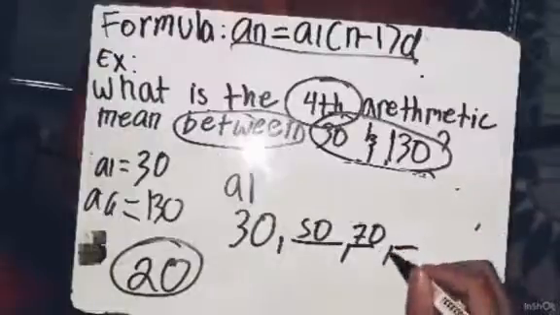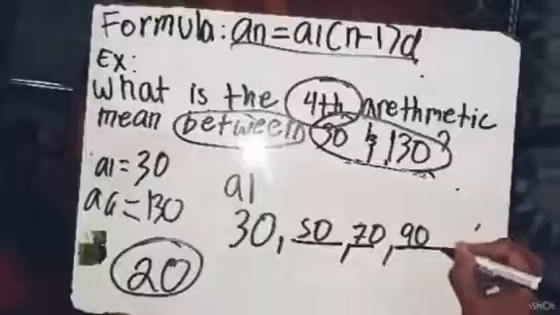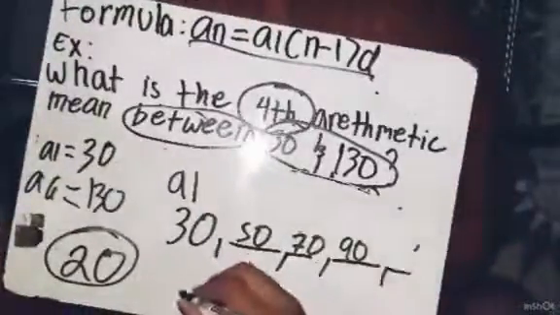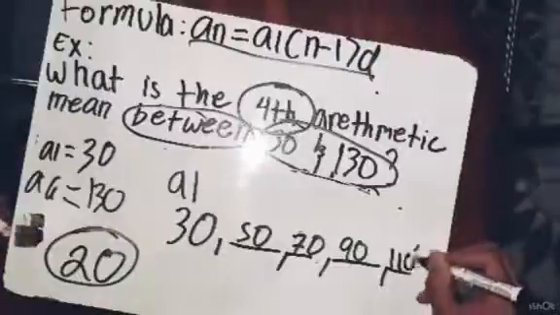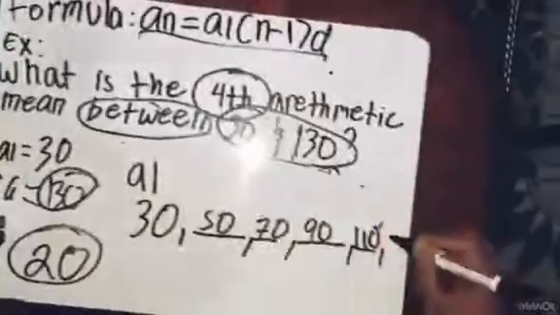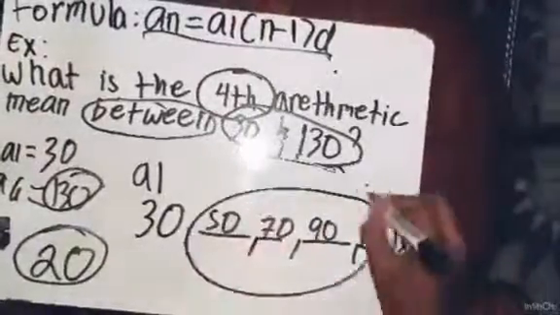Next, 70 plus 20 equals 90. Next, the final number, 90 plus 20 is 110. And the last number, A6, is 130, right there. So, the final answer will be this.